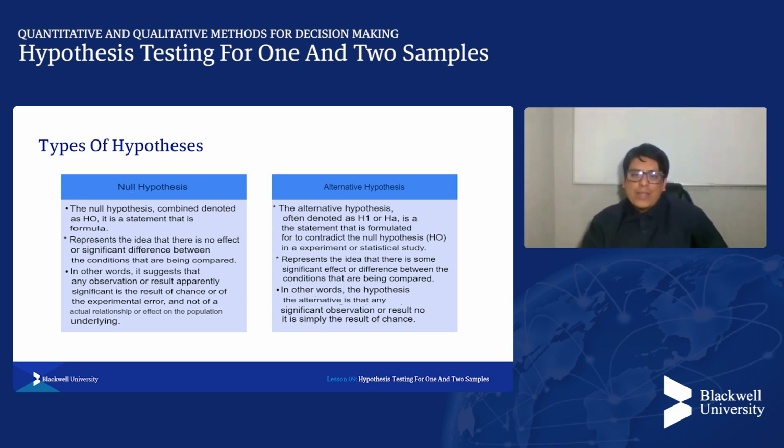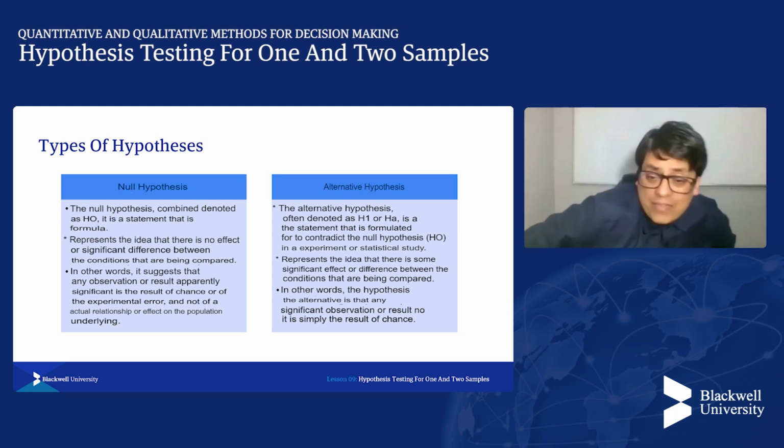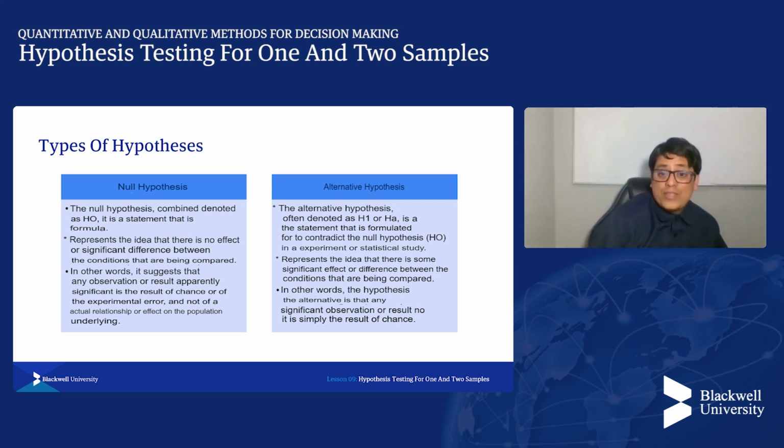And on the other hand, I have the alternative hypothesis. The alternative hypothesis, often denoted as H, is commonly known as the researcher's hypothesis because it generally states what the researcher wants to prove.